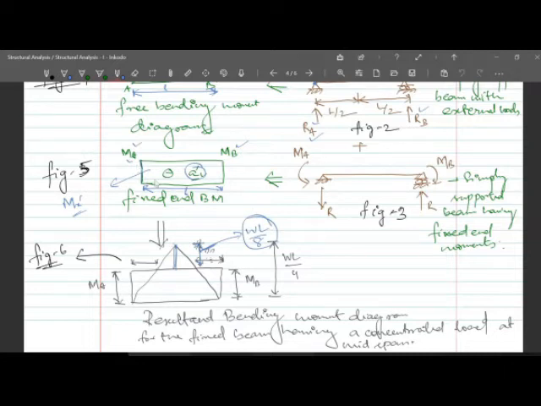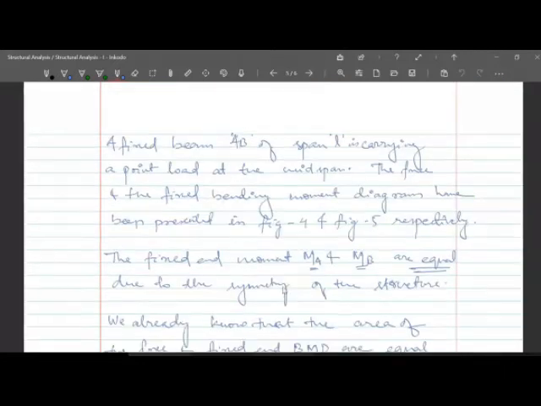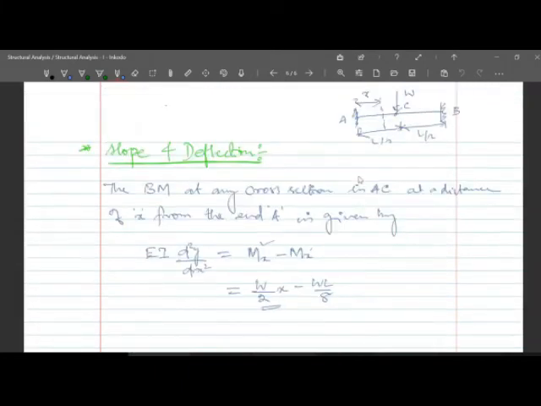So what I mean to say is, let us take that example of a simply supported beam so that you can understand it well.